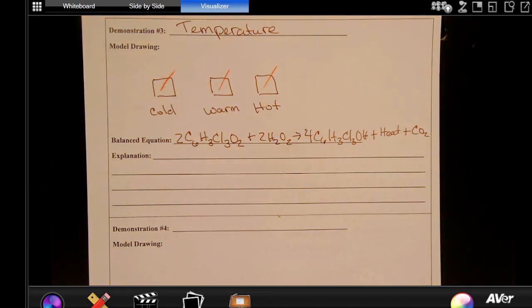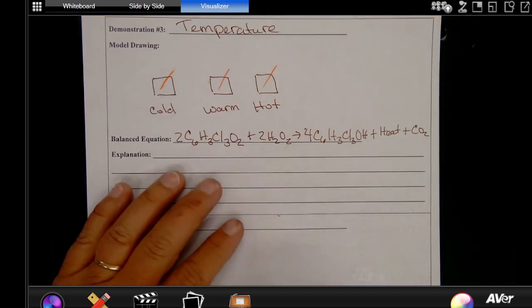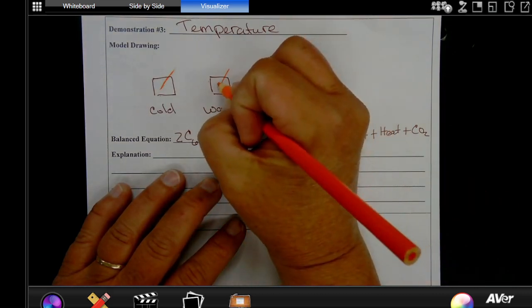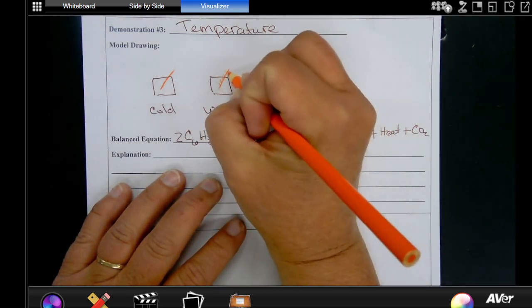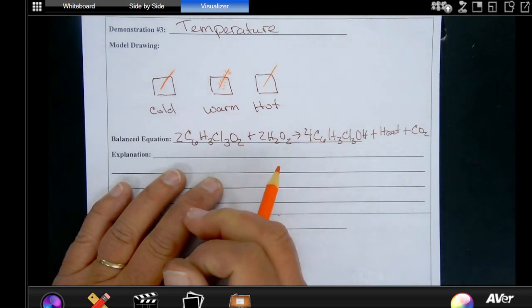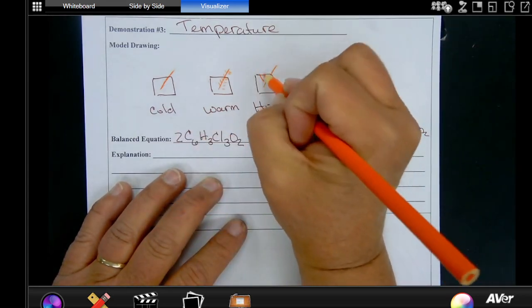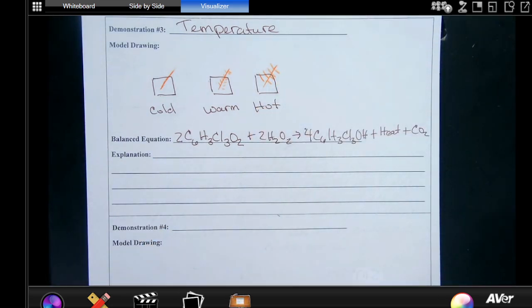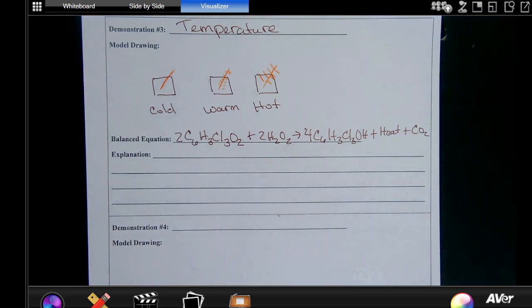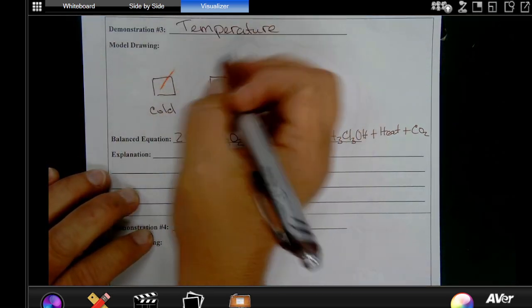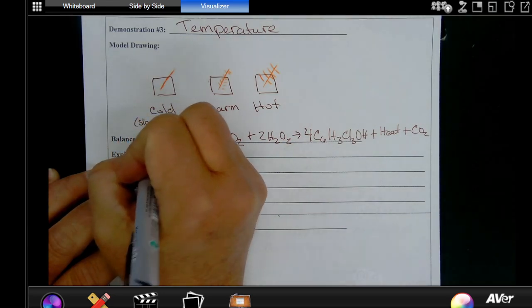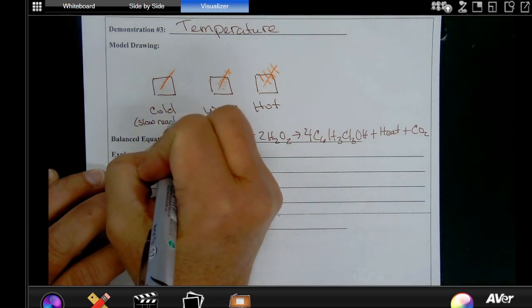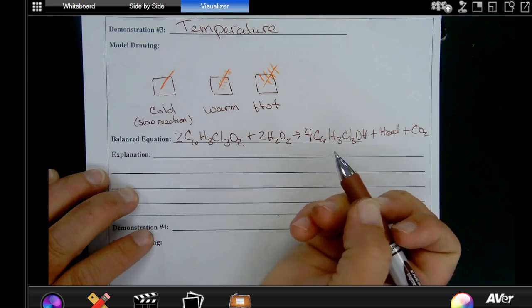the brightness. So, to show the brightness, what you can do here on the paper is just do some little things that make it look like it's bright. But for this one, make it really, really bright, okay? And we're going to write down here, this was the slow reaction, okay?